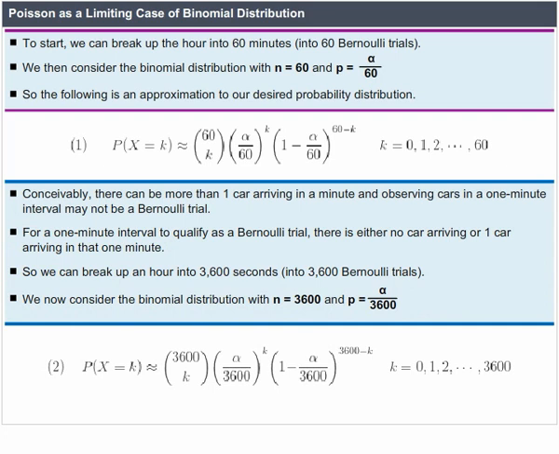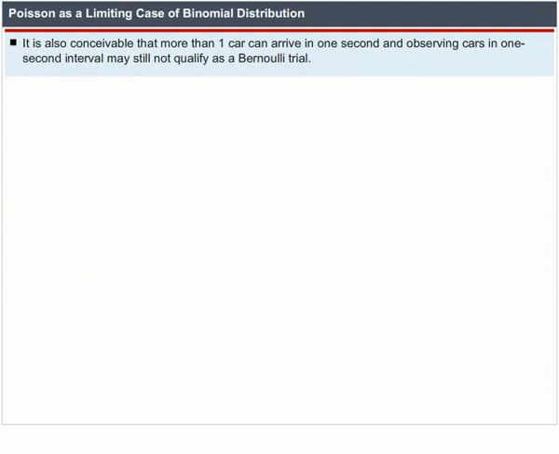It is also conceivable that more than one car can arrive in 1 second, and observing cars in a 1 second interval may still not qualify as a Bernoulli trial. So we need to get more granular.